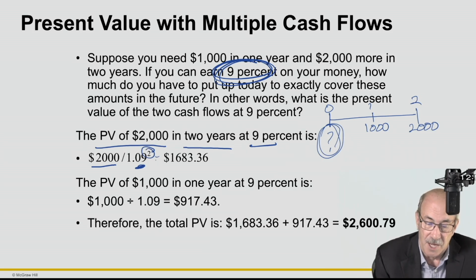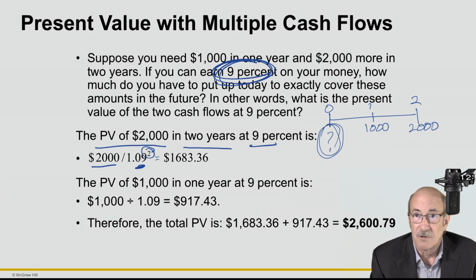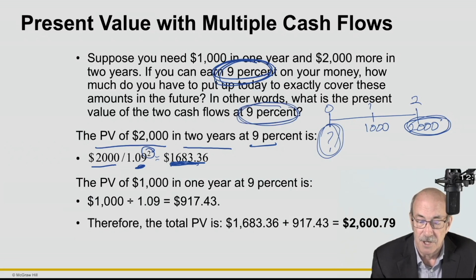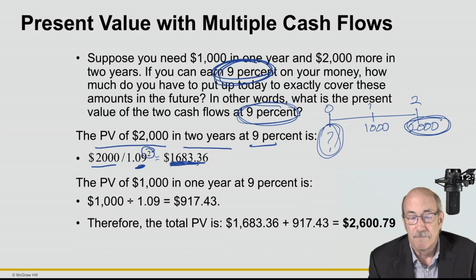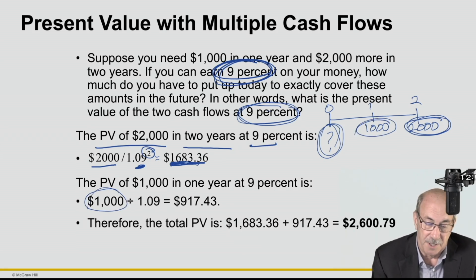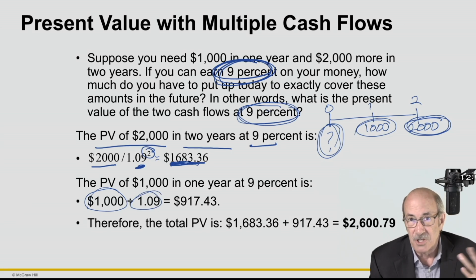So the value of that cash flow is $1,683.36. That's how much we would need to deposit today in order to have $2,000 in 2 years, if we put that into an account that earned 9%. All right. Now, what about the 1,000? Well, that's $1,000 divided by 1 plus r again, and t, of course, is 1, so we just ignore that.